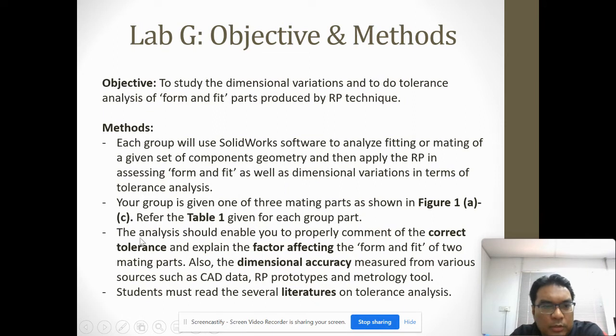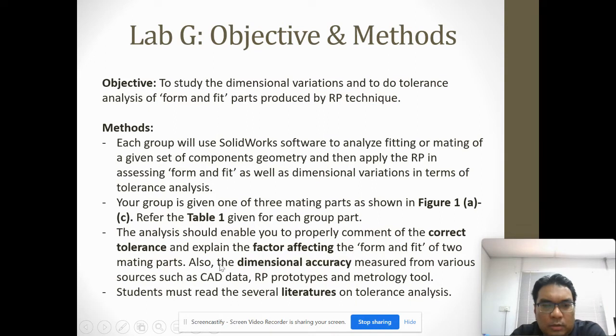The analysis should enable you to properly comment on the correct tolerance and explain the factors affecting the form and fit of two mating parts. After you design and print it, you measure the dimensions and compare back to the previous 3D design, so that you can comment on it and on the factors affecting your results.